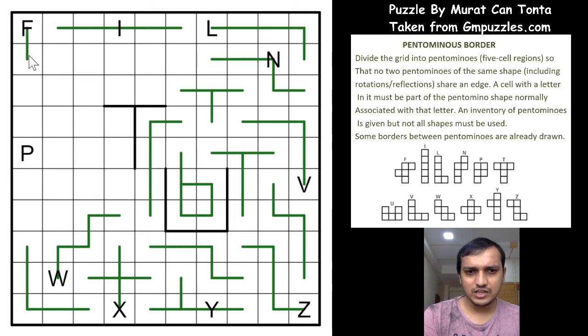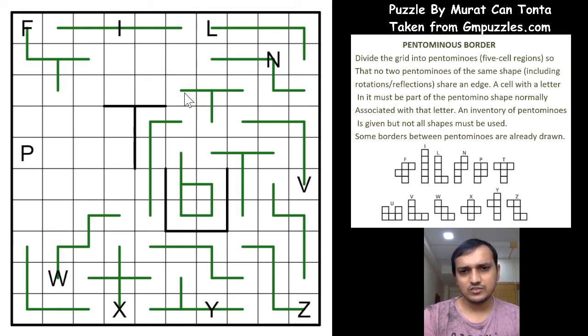So if you have 3 straight lines here, the F cannot be formed. So you need to have one cell behind those 3 straight lines and one cell in front of them. So we conclude that this F has to go this way. Only 3 straight lines will be formed this way, and we get an F here.